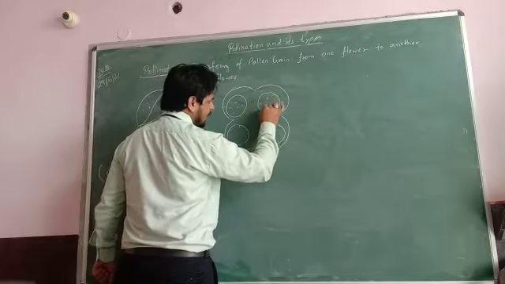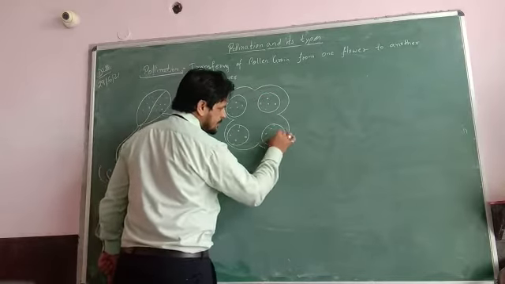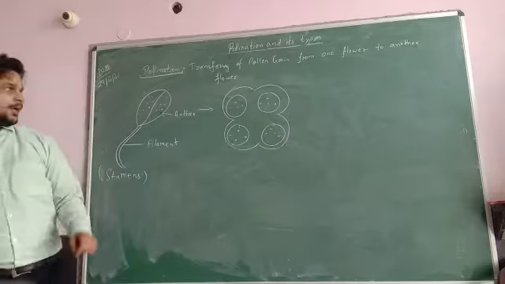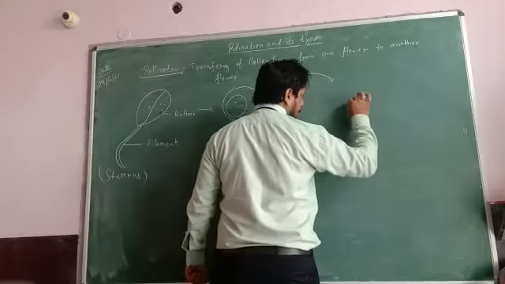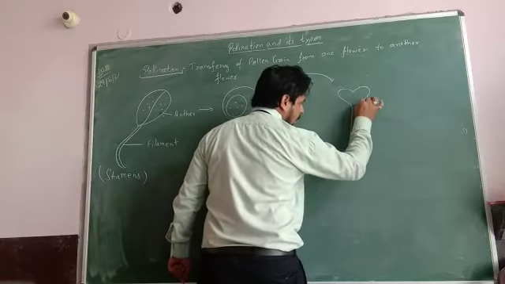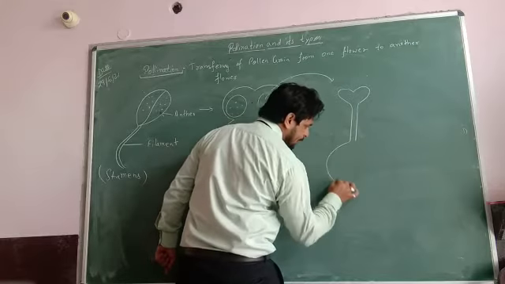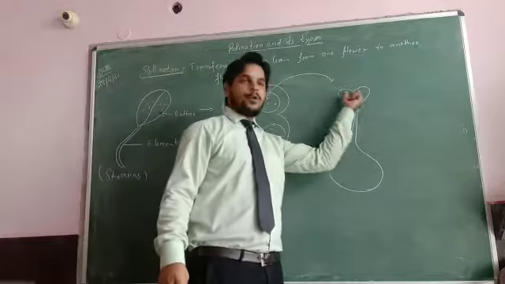These pollen grains are transferred from the male reproductive part and stick on the stigma of the female reproductive part.